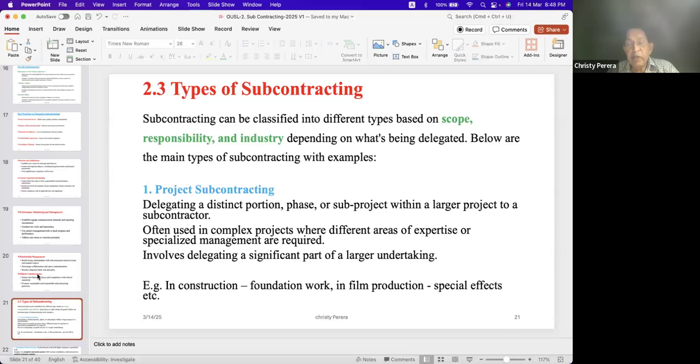I have put film production because I have had my own experience. In a film production, I will tell you all, my son was the director of the Gajaman film, the first animation and multimedia film in Sri Lanka. The story was Camillus Perera's Gajaman. I'm sure most of you have seen it because it was the blockbuster film in 2024.